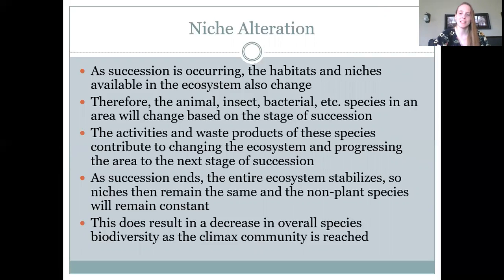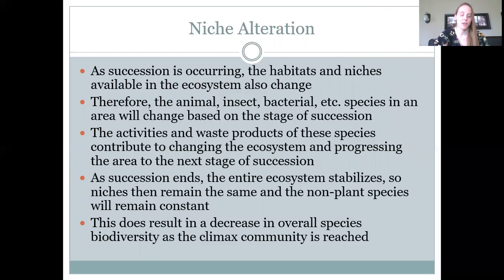So as succession ends, the ecosystem will stabilize, and at that point, the niches that are in that climax community will stay the same, and the animals that are in those niches should also stay the same. Because of that, you do get a decrease in biodiversity when you reach the climax community.